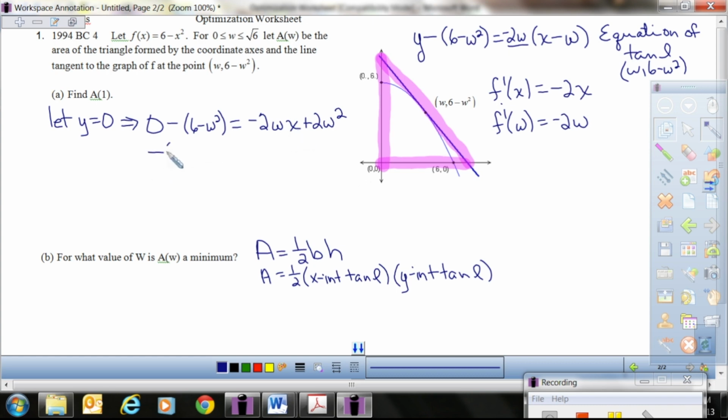That's minus 6 minus w squared, and minus 2w squared, and then equals negative 2w x. If you divide by negative 2w, that's going to be 6 minus w squared plus 2w squared over 2w, and that's going to be equal to x. All right, so that whole thing is the x-intercept.